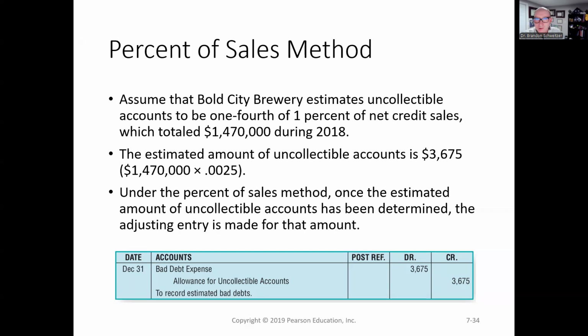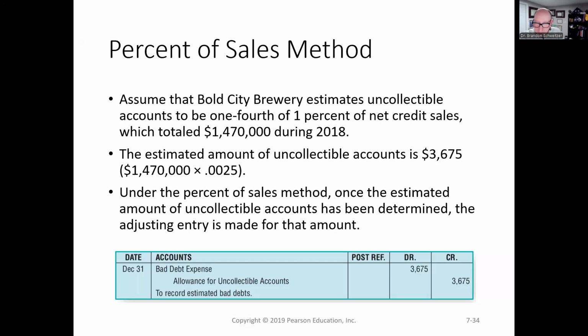So we take our total credit sales, in this case 1.47 million, and we multiply that by one fourth of 1%, which is 0.0025, which tells us that about $3,675 is going to be uncollectible.